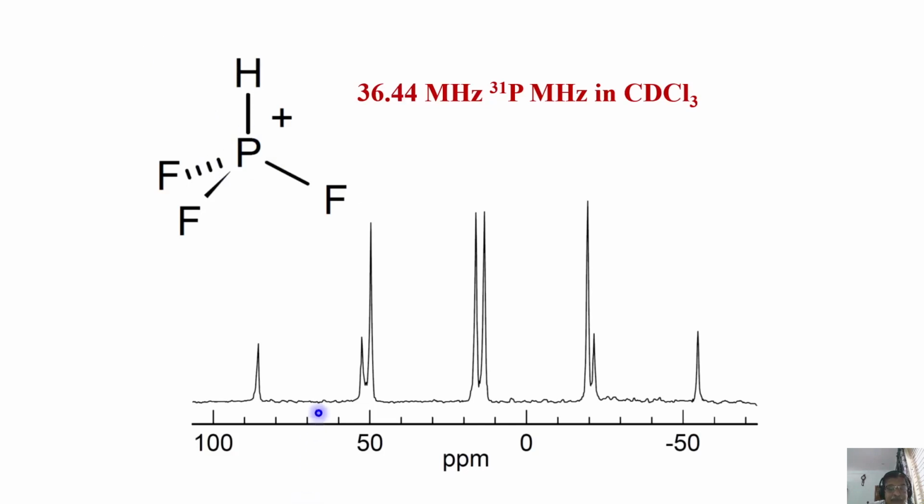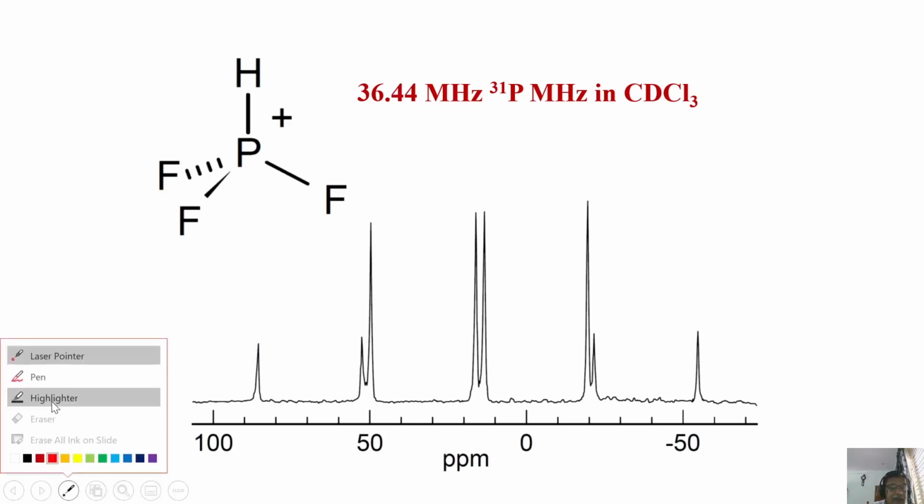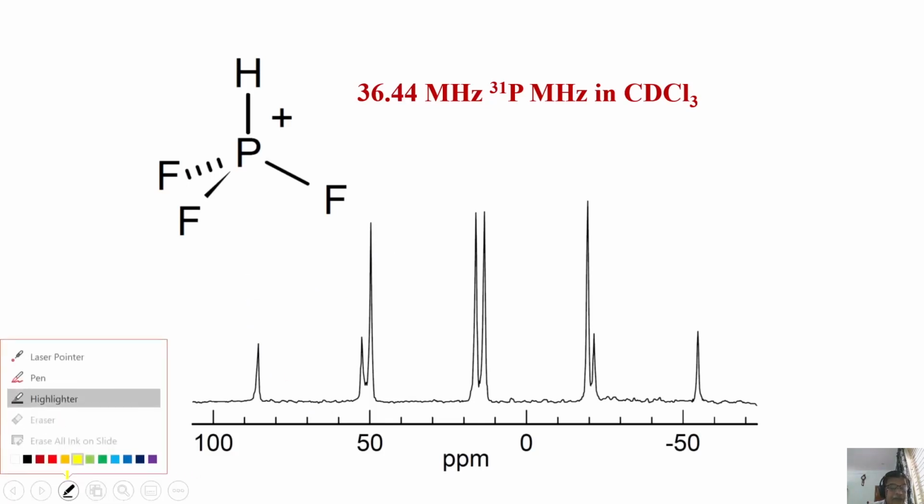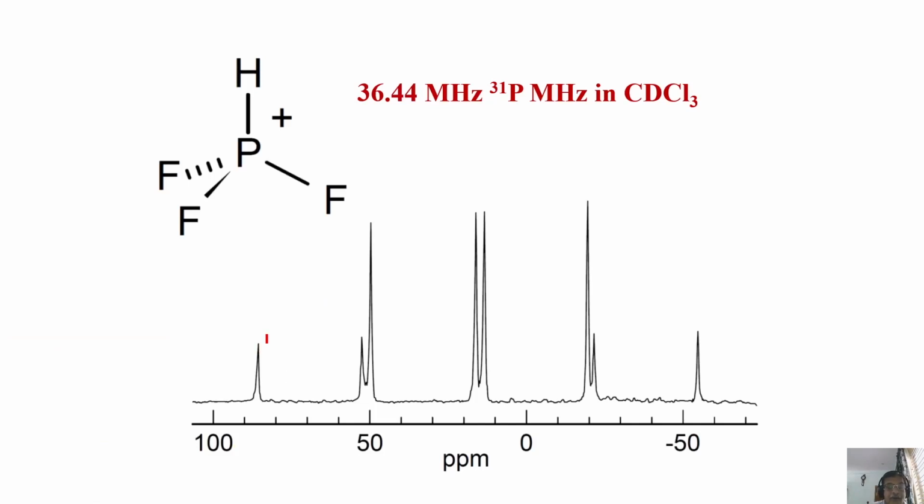In principle, take any of the peaks and measure with respect to this. I will take a highlighter and show you this peak, this peak, this peak, and this peak forms one quartet.